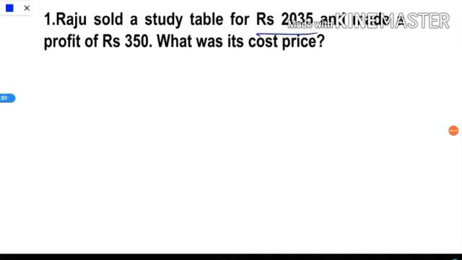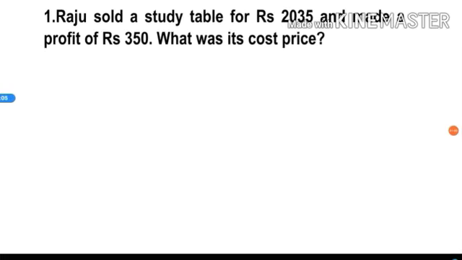Let us see some word problems. Raju sold a study table for 2035 rupees and made a profit of 350 rupees. What was its cost price? Write the given information. Selling price is given and profit is given.